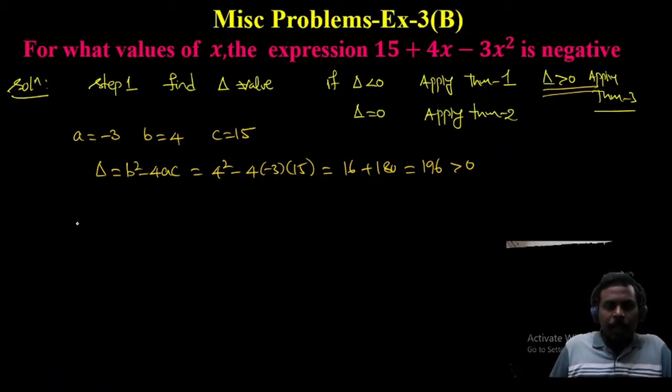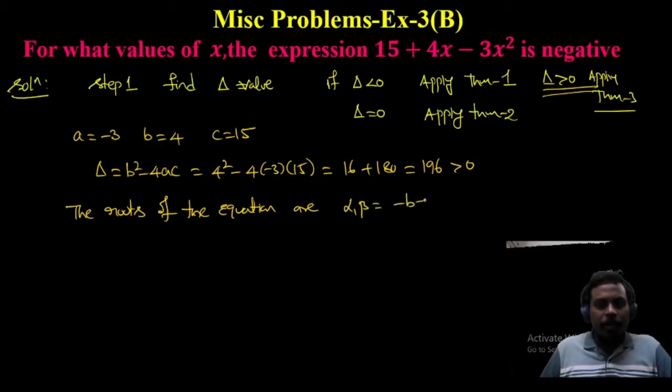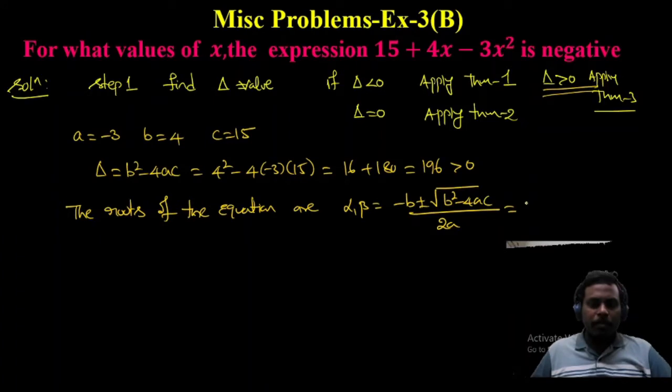That means in this case you have to find out the roots also. The roots of the equation are alpha comma beta is equal to minus b plus or minus under root b square minus 4ac divided by 2a. So this is minus 4 plus or minus under root 196 divided by 2 into minus 3.